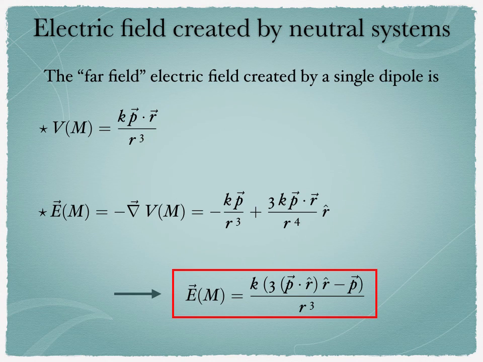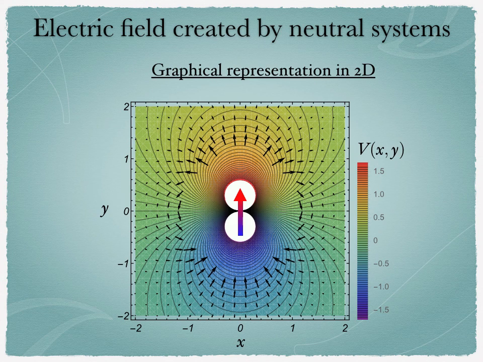So one way to actually realize what this thing is saying is basically by looking at it graphically. So here is represented in 2D, okay, so this is a 2D projection of the electric field and electric potential, in fact, of a dipole that is depicted by the arrow at the location x equals 0 and y equals 0.